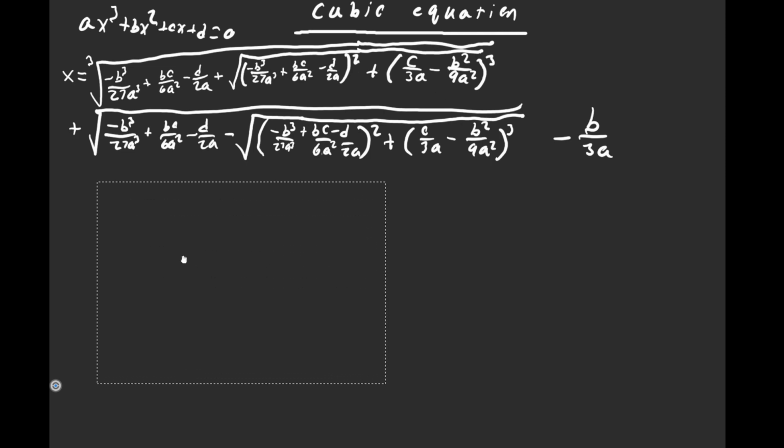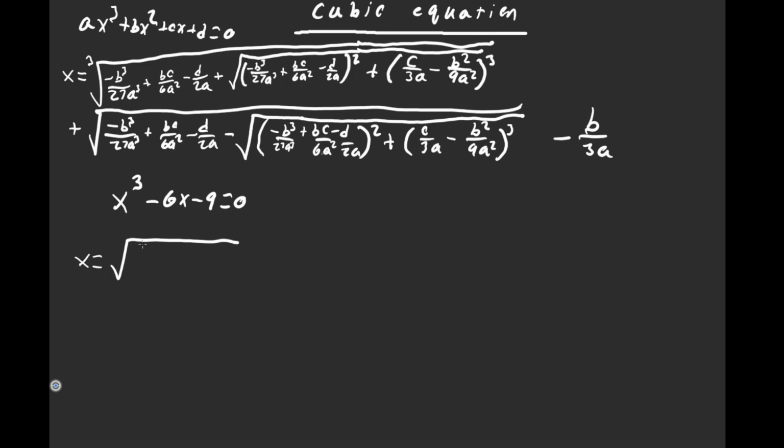So I will start off with a simple cubic to solve with the depressed cubic formula. We get x cubed minus 6x minus 9 is equal to 0. So let's use the formula for this. x is equal to the cube root of 9 over 2, because we have minus q over 2 right here, which is positive 9 because the two negatives cancel each other out.